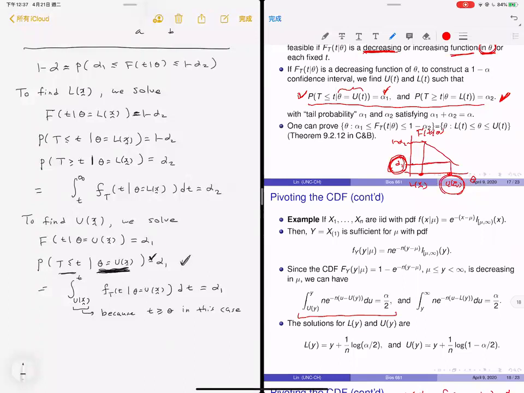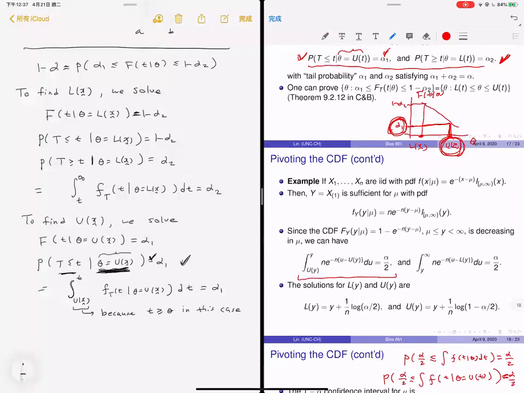You are solving for the upper bound of theta, which means by the definition of the CDF, it's an integral from theta right here, because the range of y is from mu, smaller than y, to infinity. And then we need to plug in theta as the upper bound.